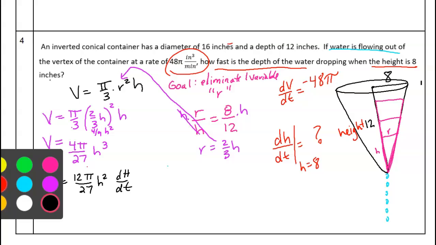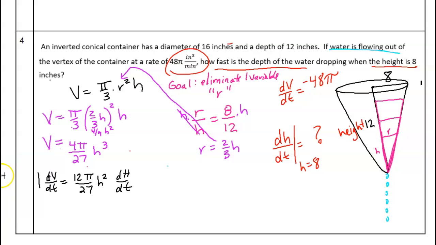Then we plug in what we know. So we know dV dt. I'll reduce now, so divide by 3. I get 4 pi over 9. H is now 8, and I want dH dt. So luckily, that's the only thing that's missing.